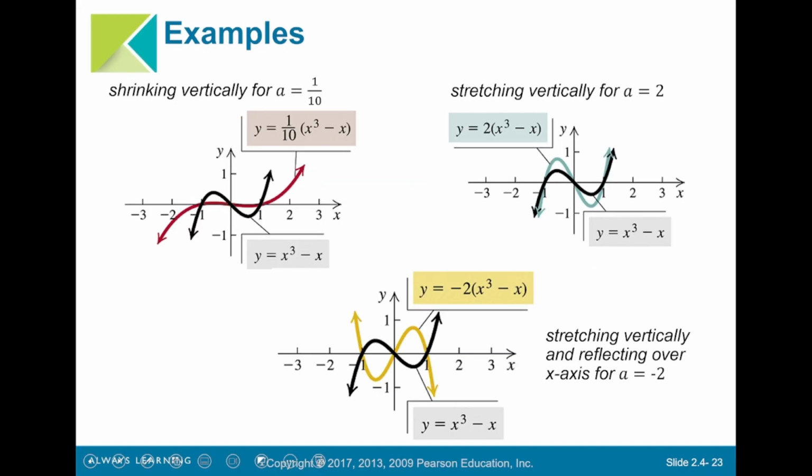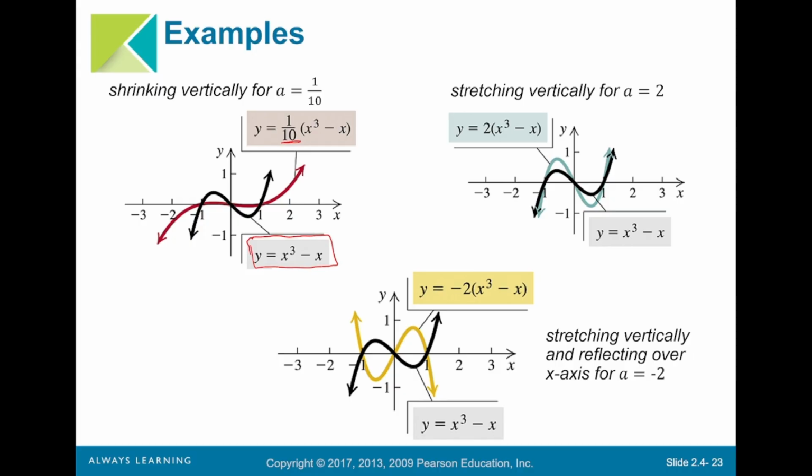So here are a few examples. Let's look at the first one. Our starting function here is y equals x cubed minus x, and the a value we're taking is 1 over 10. So it's being multiplied in front of the entire function.